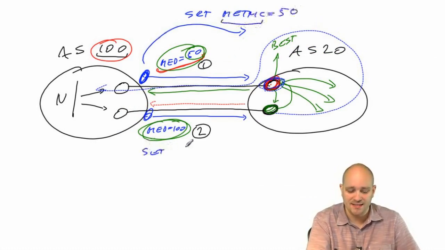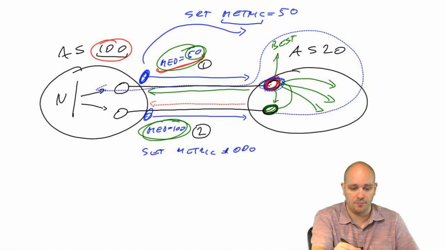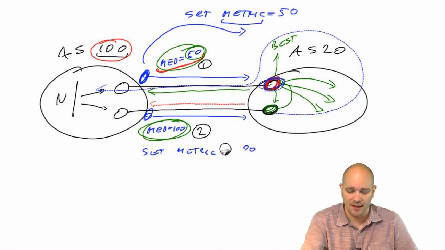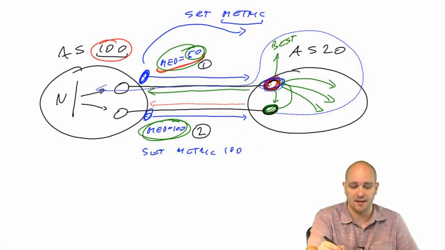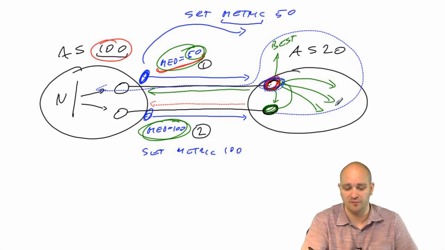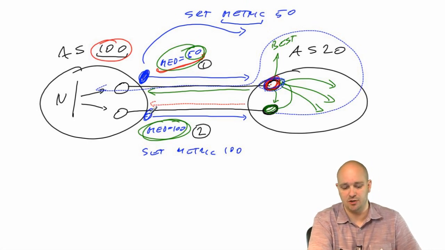And here I did say set metric 100. Actually, there is no equal sign there, so let me correct it in case you want to use this as a reference. There is no equal sign in the syntax, so it's just set metric 50. So if this was truly a non-transitive attribute, this MED value would not have any effect in this autonomous system.